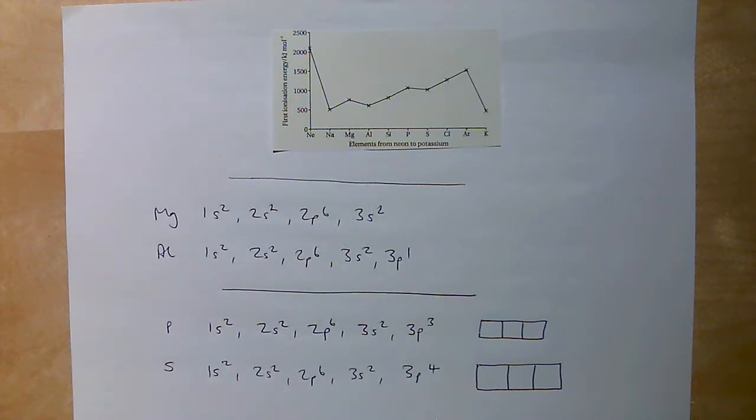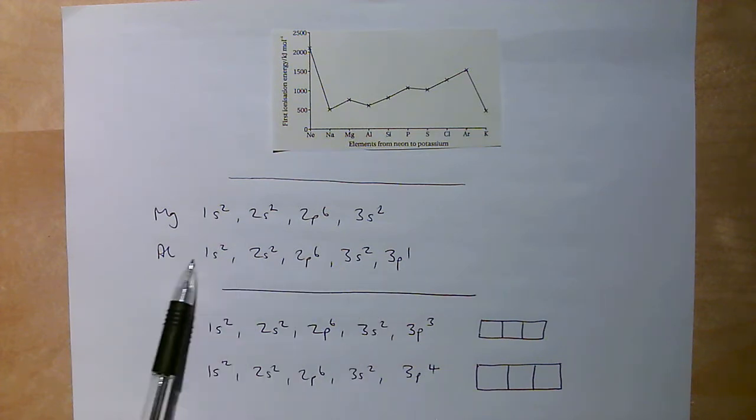To understand this, we have to look at the electron configuration. Magnesium has the electron configuration 1s2, 2s2, 2p6, 3s2. Aluminium has the electron configuration 1s2, 2s2, 2p6, 3s2, 3p1.